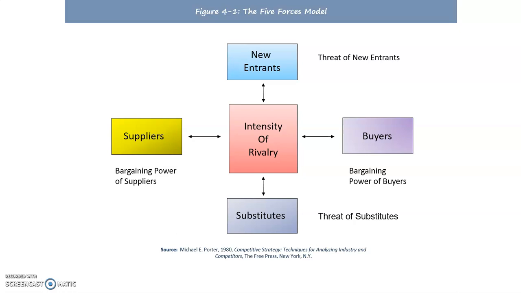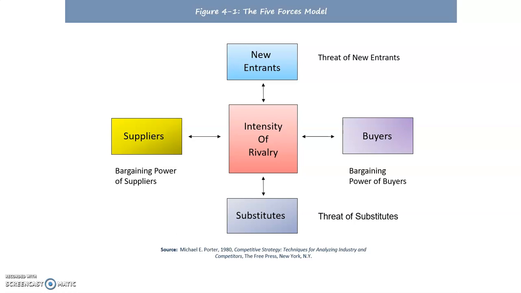If there are easily available substitutes that can give the same benefit, provide the same function or service but in a different manner, then that's a kind of rival in and of itself. So you have to take into account what substitutes there are and the likelihood of future substitutes coming about.